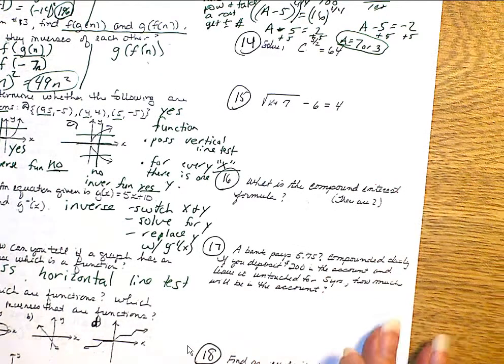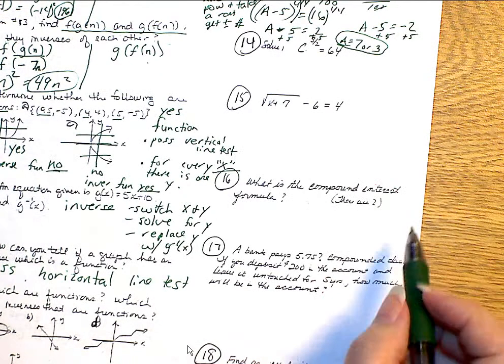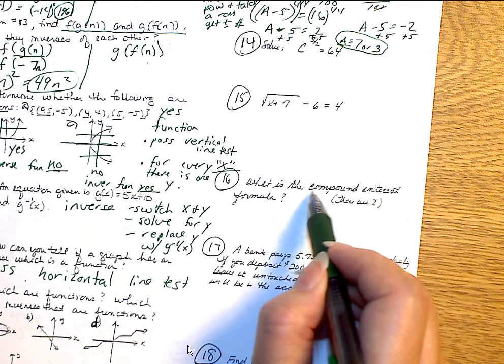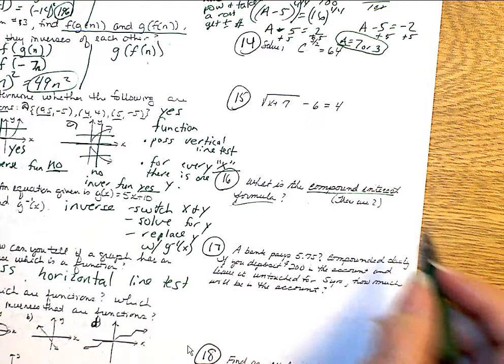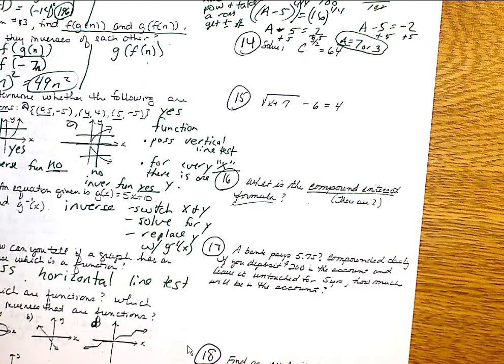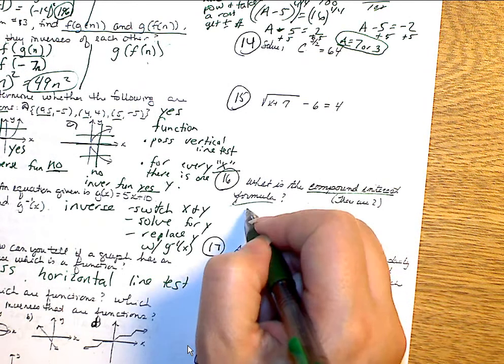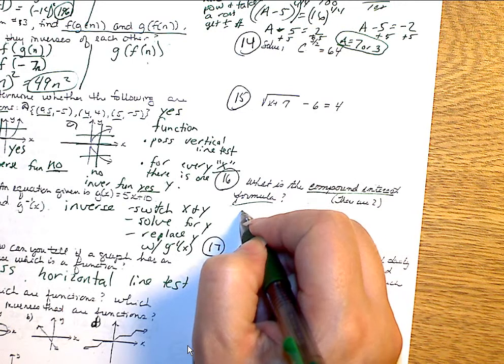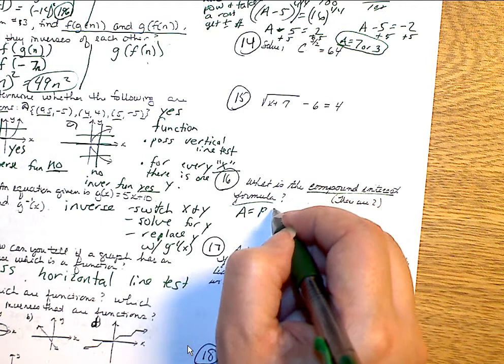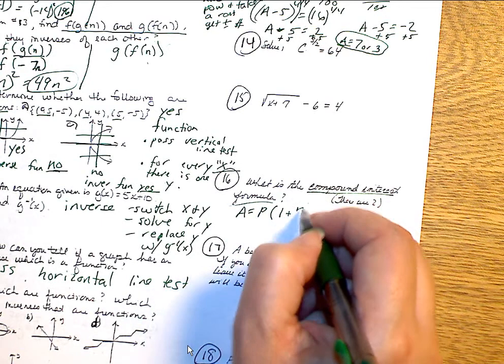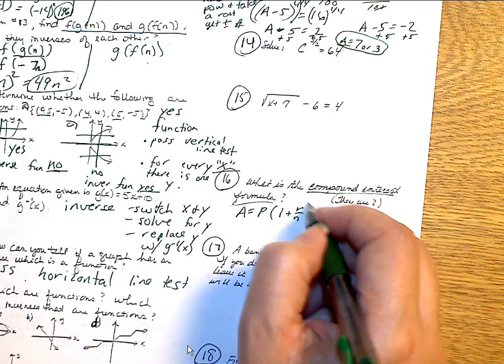All right. You have two compound interest formulas. You have the one that tells you compounded n times a year. So the first formula you had was A is equal to P times (1 plus r over n) to the nt.